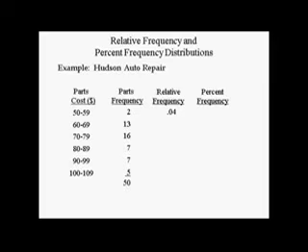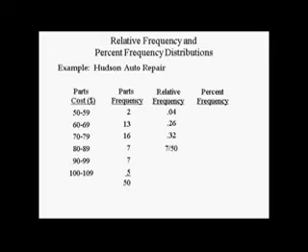Since the frequency of invoices between 60 and 69 is 13, the relative frequency is found by dividing 13 by 50. So the relative frequency is 0.26. The frequency of invoices between 70 and 79 is 16. The relative frequency of this interval is found by dividing 16 by 50, which is 0.32.